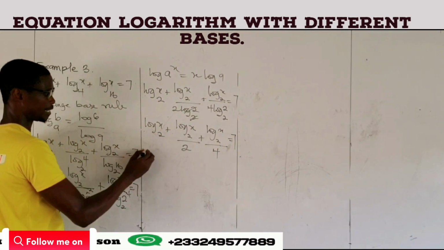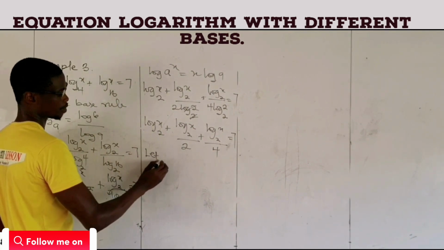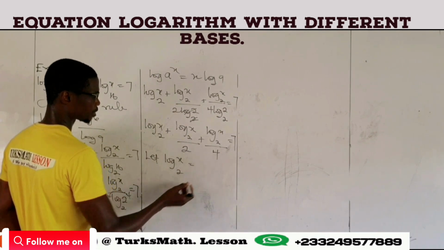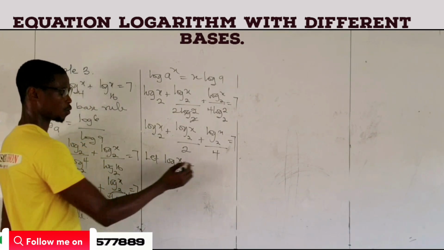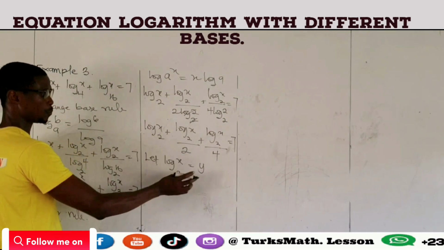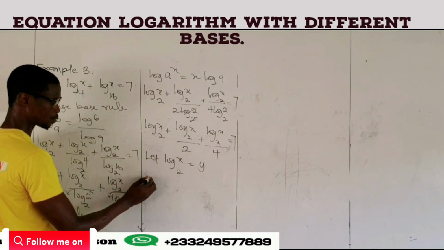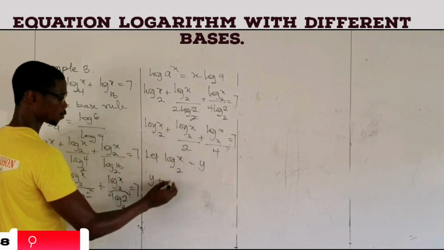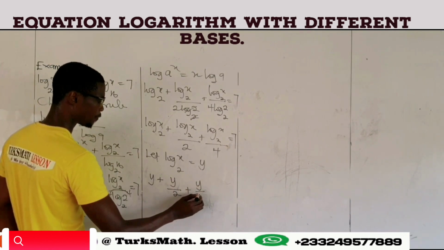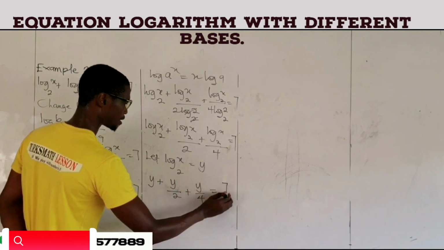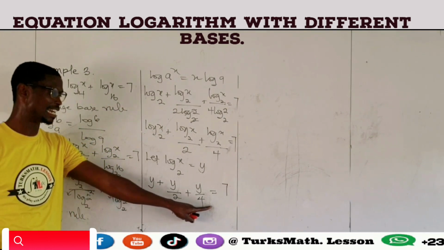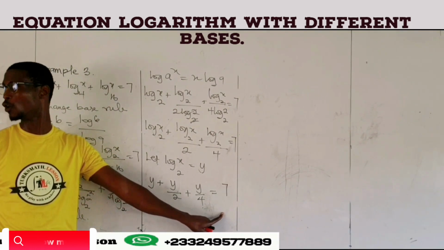So let's use something to represent this. Let log x base 2 equal y. Let's use y again. So whenever you see this, you place in y. So the first one is y plus y out of 2 plus y out of 4 equals 7. So we need to make this equation linear. Before you make it linear, you have to look for the LCM for 2 and 4.